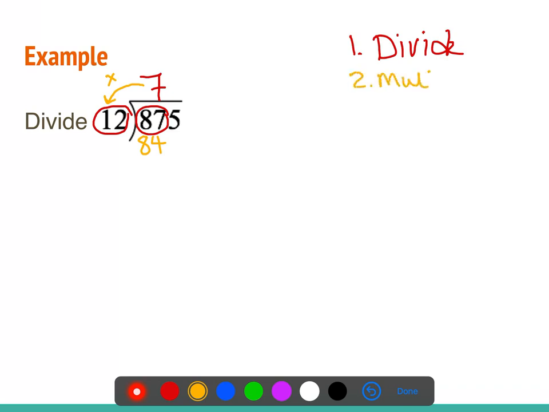Then your next step would be you would take what's on top and multiply it by the outside. So you would do 7 times 12 is 84. And you write it right there underneath. And hopefully you remember the next step. This is where you subtracted.